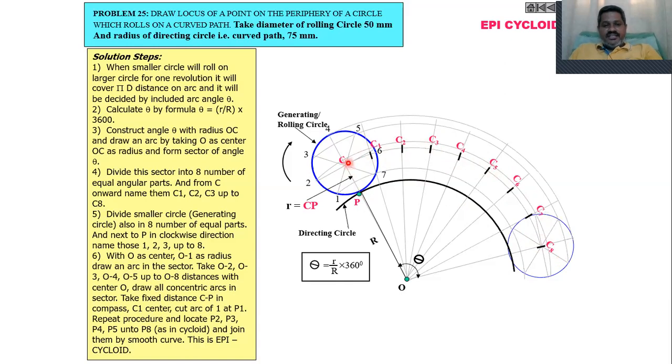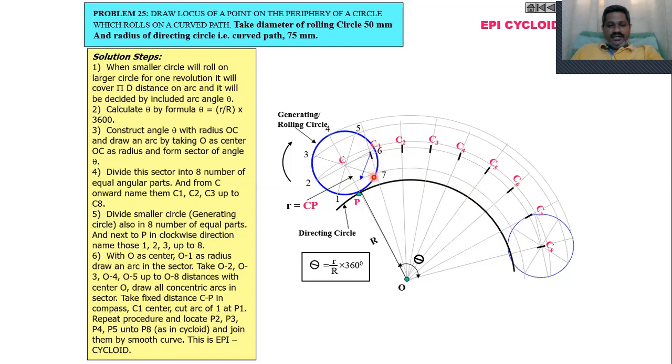Now take CP as radius in compass with C1 as center. Then intersect the first concentric arc, which passes through points 1 and 7 on the generating or rolling circle.